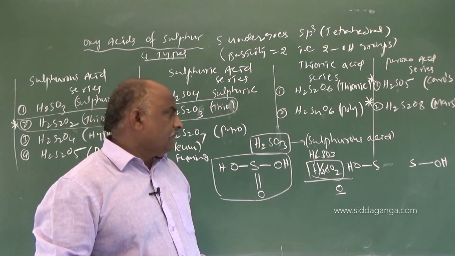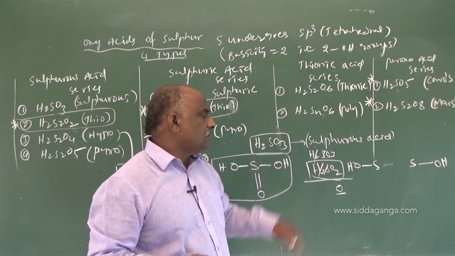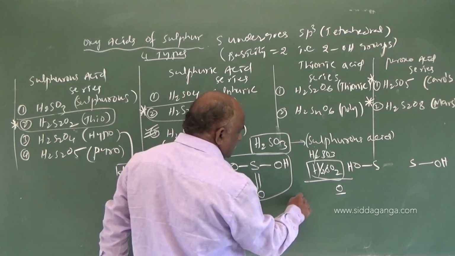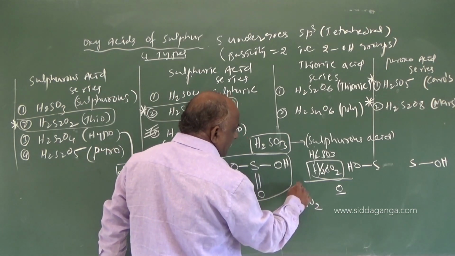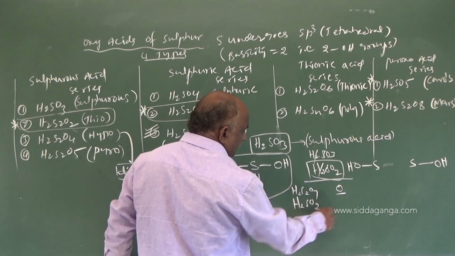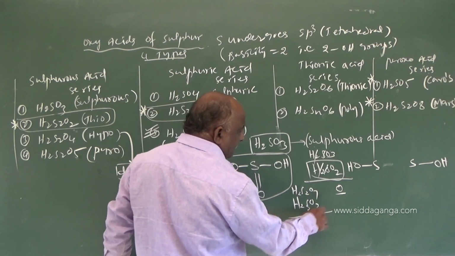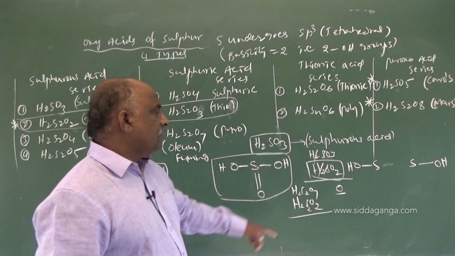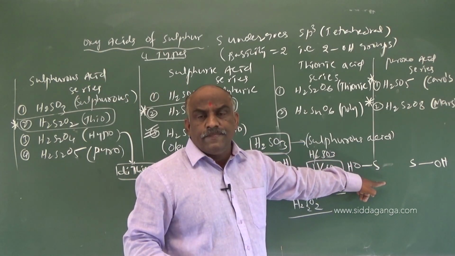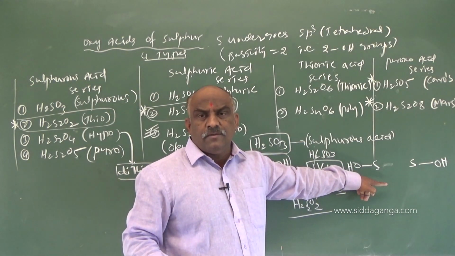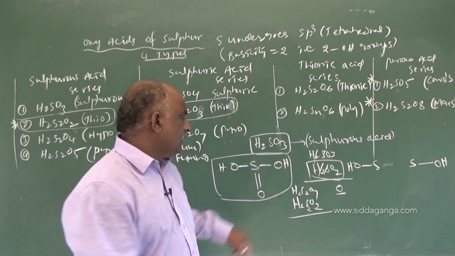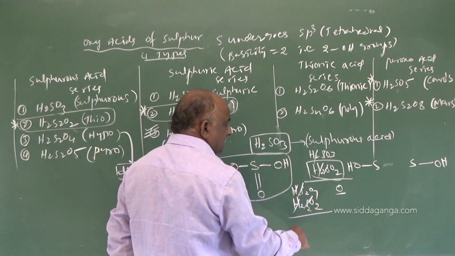Over. After that, what will be the formula? H2S2O2 was over. And what is the actual formula? H2S2O7. After completion of H2S2O2, H2 H2 cancel, S2 S2 cancel.